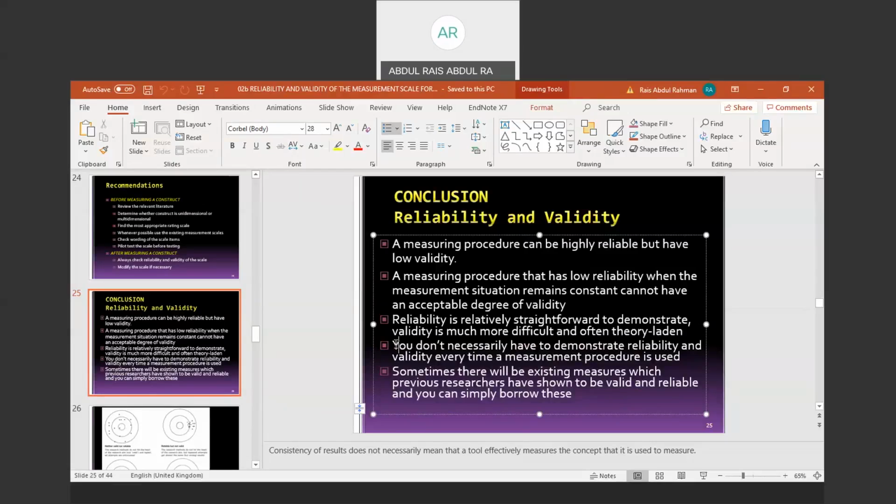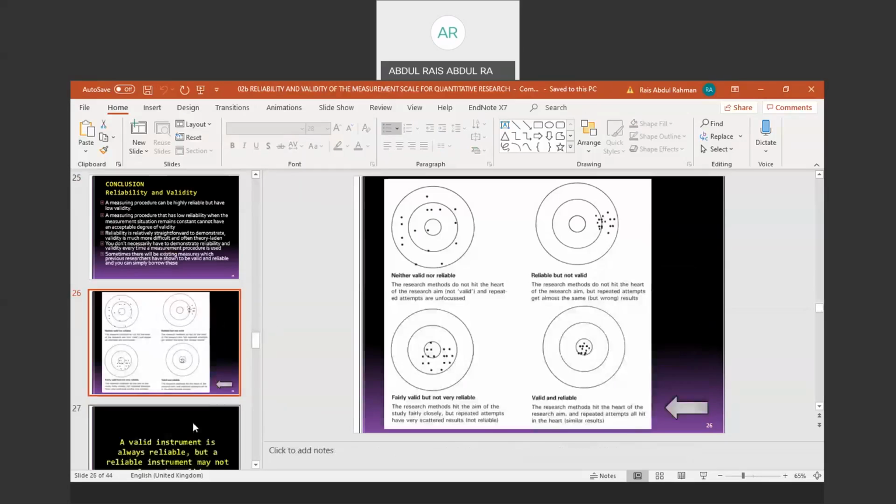Okay, if you look at this diagram, the first target, it is neither valid nor reliable because tengok taburan tembakan ni tak sekata. So it shows that the research method does not hit the heart of the research aim, is not valid, and repeated attempts are unfocused.